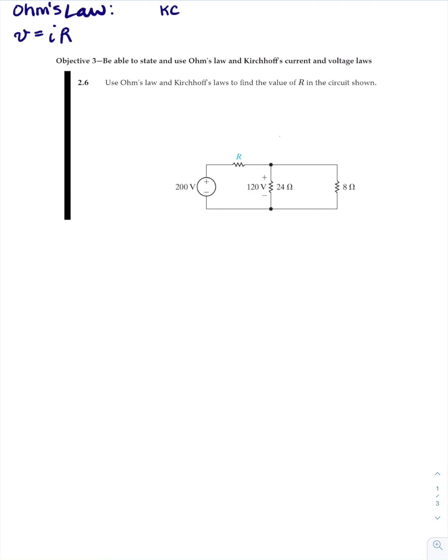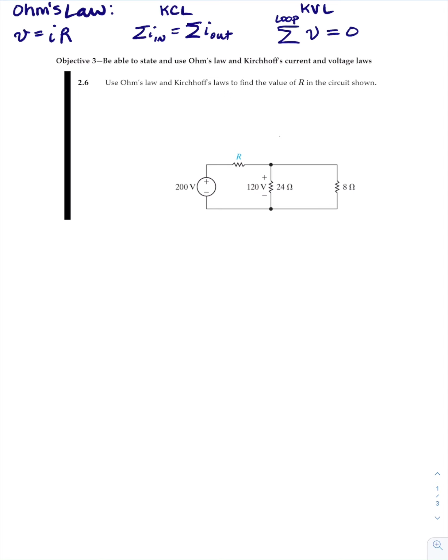Kirchhoff's current law is the sum of current into a node is equal to the sum of current going out of the node. And Kirchhoff's voltage law, the algebraic sum of a voltage in a loop is equal to 0.